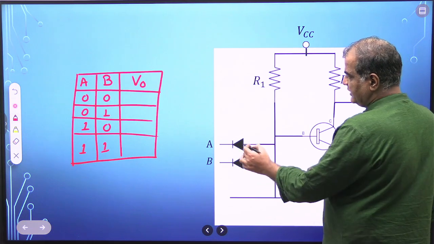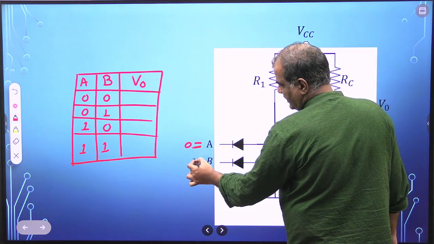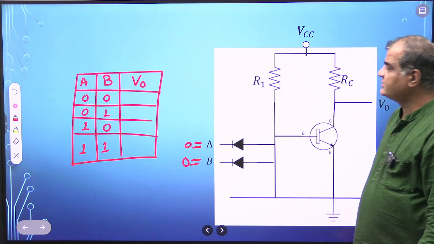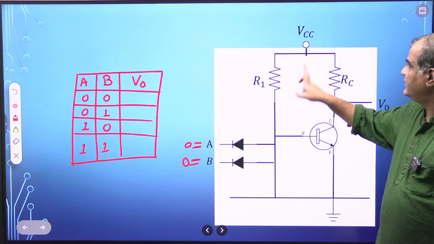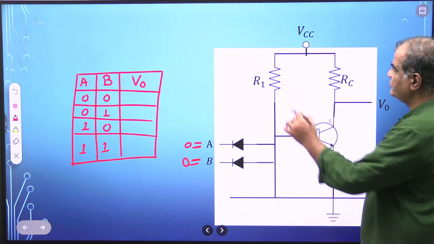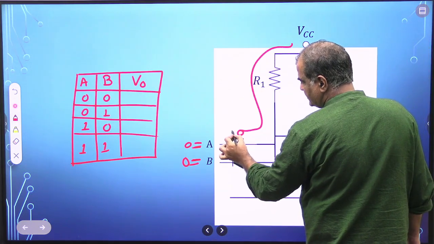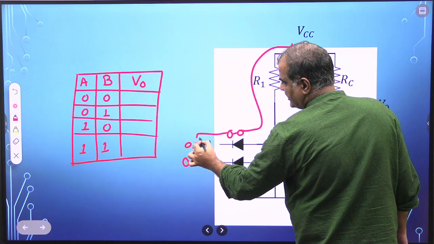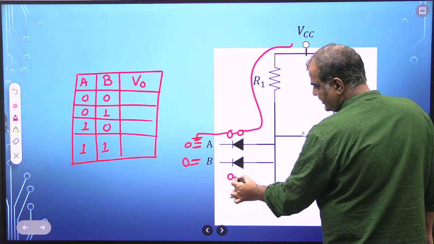If this is low, say this is low and this is also low, then this diode is forward bias or reverse bias? ये हाई वोल्टेज आ रहा है यहाँ पे, this high voltage coming, so through this path this diode will conduct. This is short circuit and this will conduct, and this is 0, that means this is the ground. Okay, both will conduct.